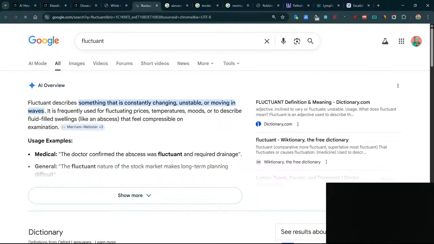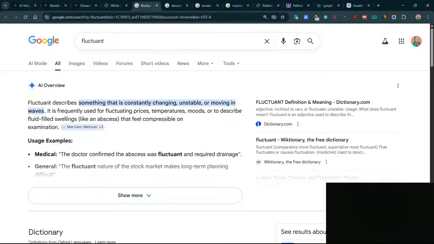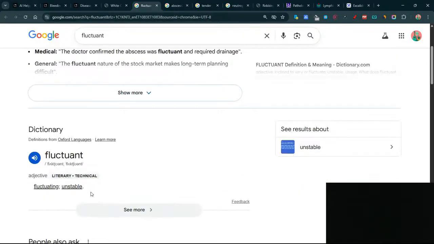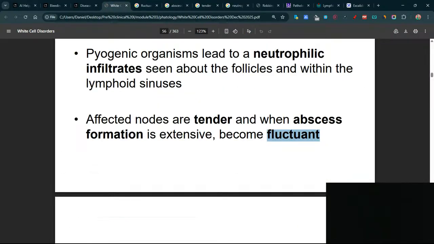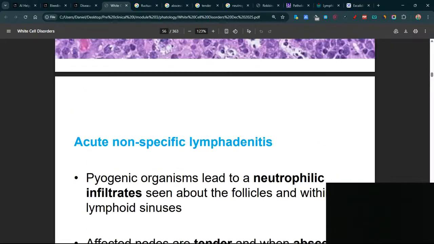Fluctuant describes something constantly changing, unstable or moving in a wave, unstable.